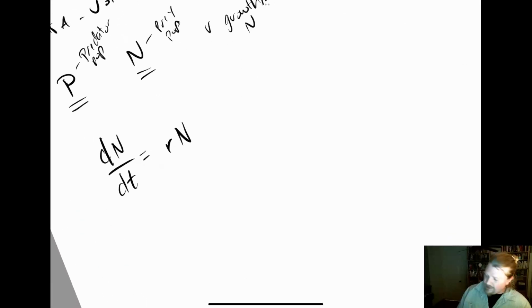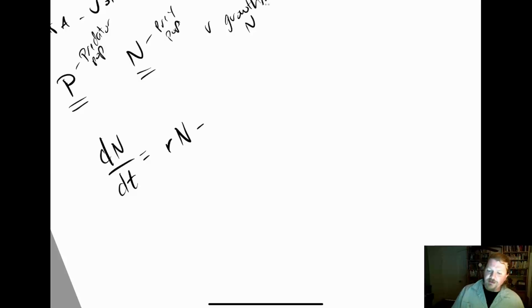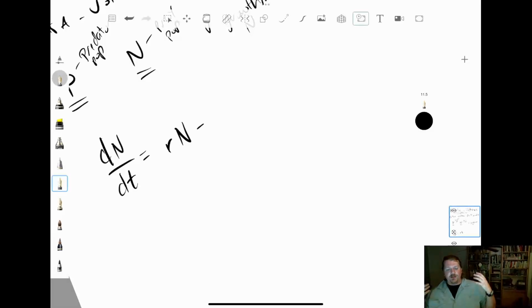Okay, so at every step, we're going to first multiply the population of the prey times the growth rate. And then at some point, prey are going to die, right? And in the simplest version of these Lotka-Volterra models, the way that they die is they get eaten, right? And so you imagine a situation where these predator-prey models, we've talked about this, where what limits predators eating is their encounter rate, right? And if there are lots of predators and lots of prey, if the population of P is large and the population of N is large, then the encounter rate is going to be very high, right?